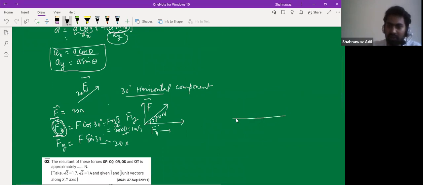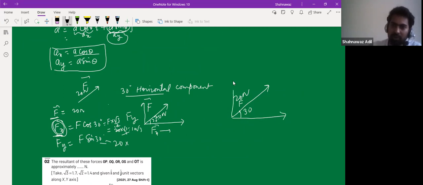So this is 20 Newton. Let's say F. This is 30 degree. So let's say this is theta. Okay. So the horizontal component was what? F cos theta. And the vertical was F sine theta, not 90 minus theta.